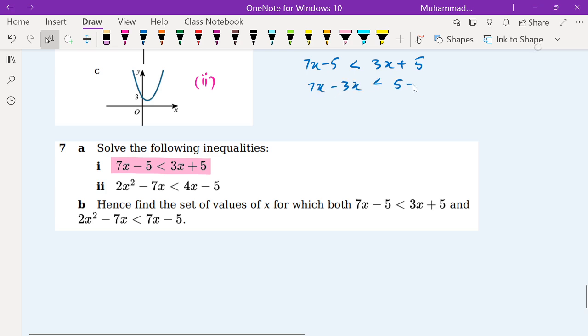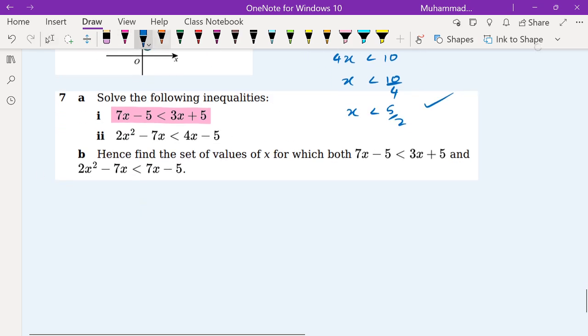So it would be 4x less than 10. So x would be less than 10 by 4. There you go, simple. Nothing big, nothing difficult. Simple, straightforward equations.